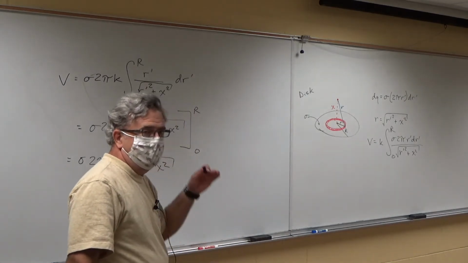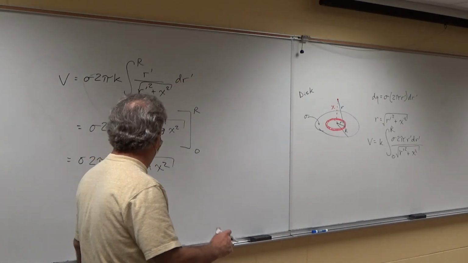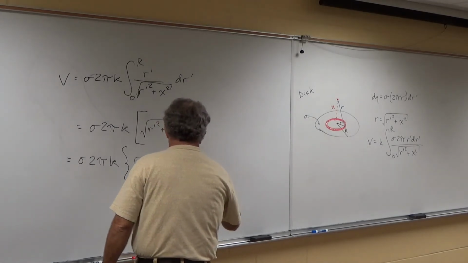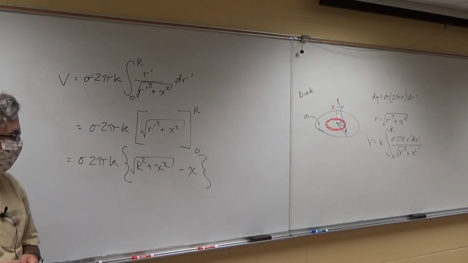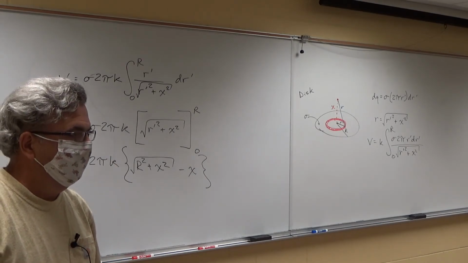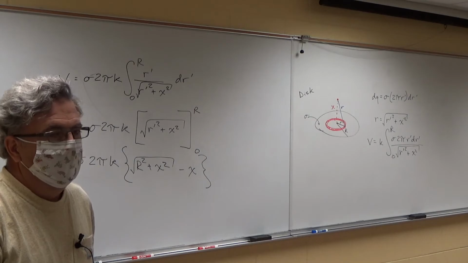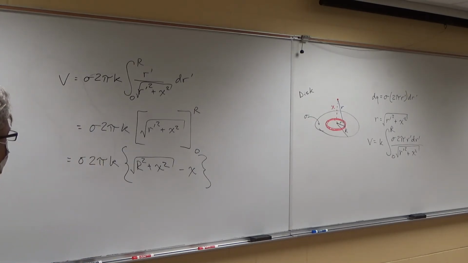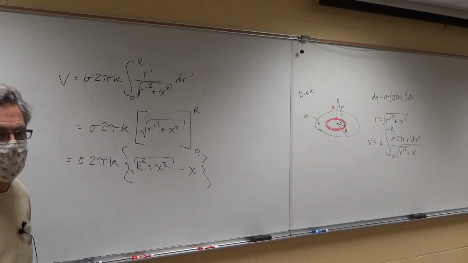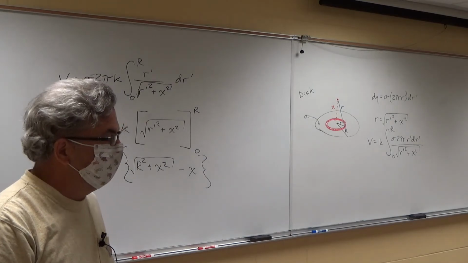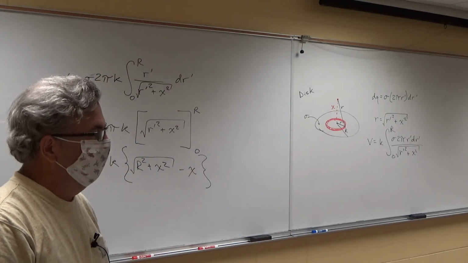We're some positive distance x above the disk, and that's it. That's the answer. That's the potential due to the disk at a distance x above the center.